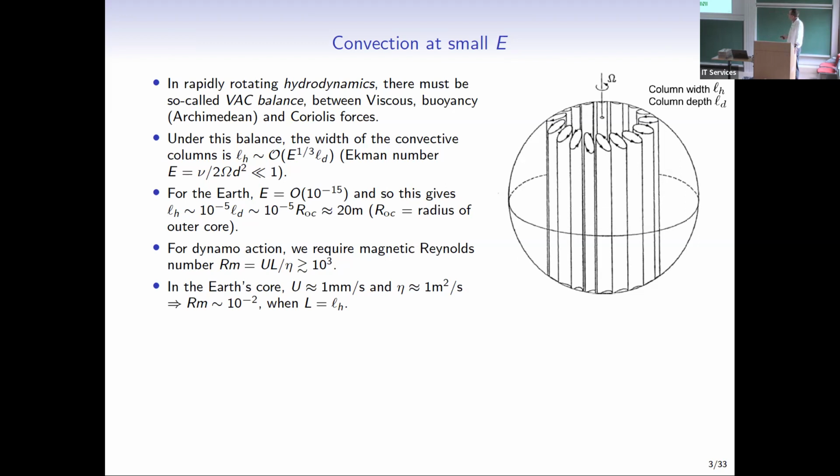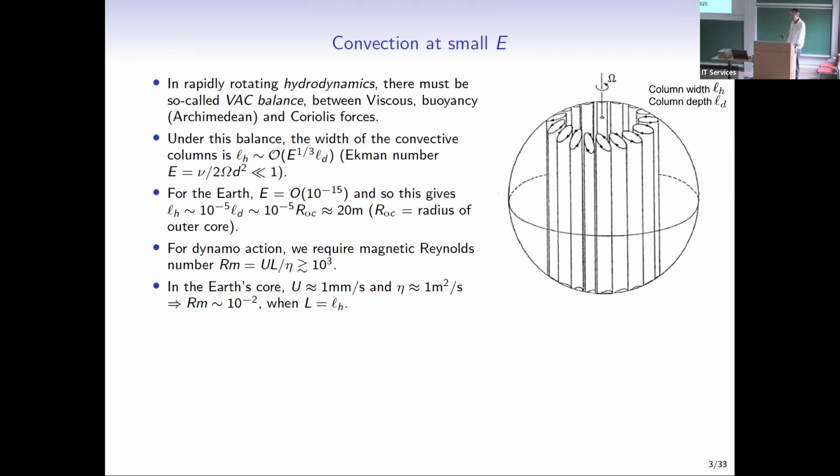Whereas, I know we had this discussion the other day, there is no absolute criterion for what the Reynolds number has to be for a dynamo, but experience shows that you need a magnetic Reynolds number of the order of hundreds to thousands to get a decent dynamo. So there's a lot of orders of magnitude missing here.